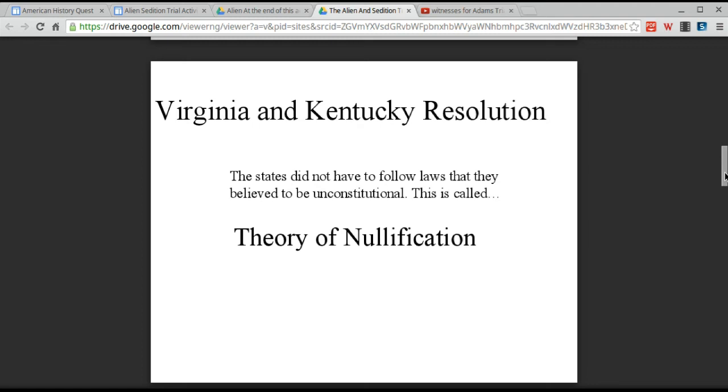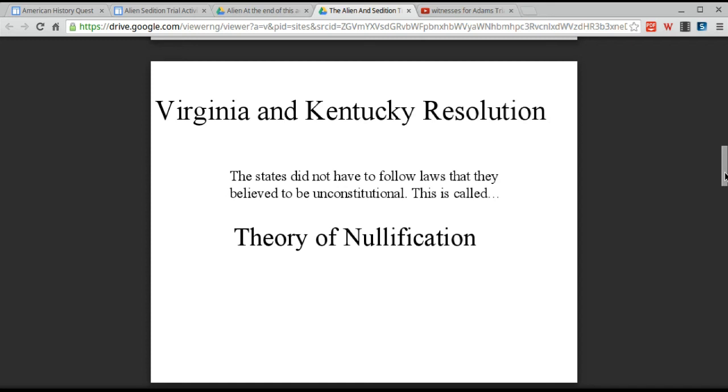If you go back to the strict and loose constructionist arguments of government, it does not state anywhere in the Constitution who has the power to declare laws unconstitutional. Jefferson argued that the 10th Amendment said that any powers not expressly given to the federal government are reserved for the states. Therefore, the states have the power to declare laws unconstitutional.